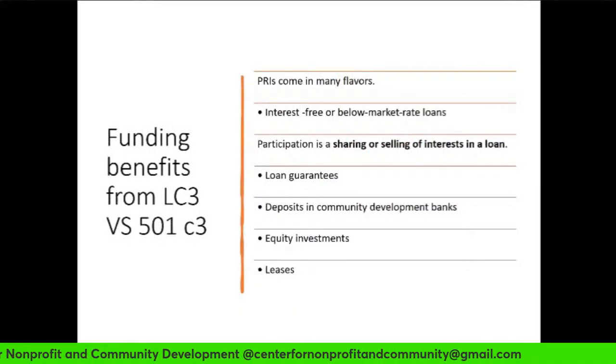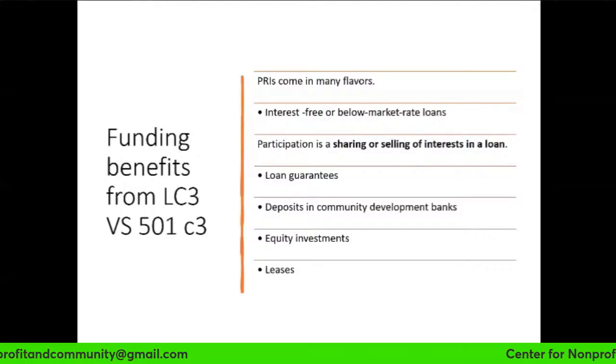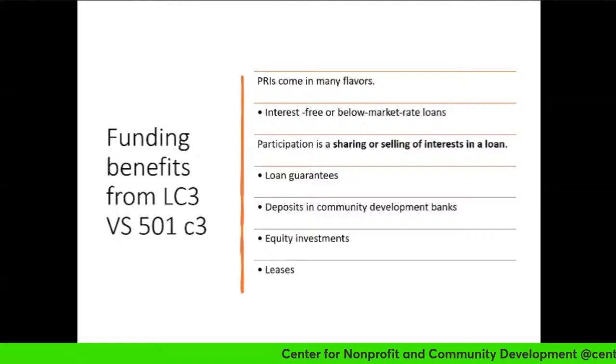The funding source of an L3C is unique. One of the funding sources is coming from banks and corporations by way of what's called a program-related investment loan.